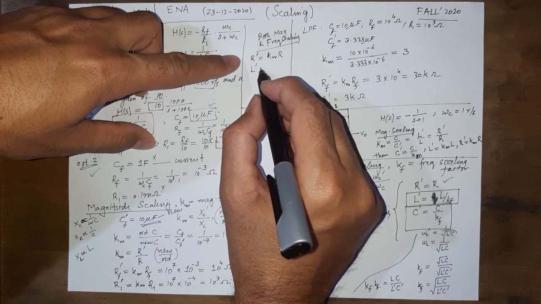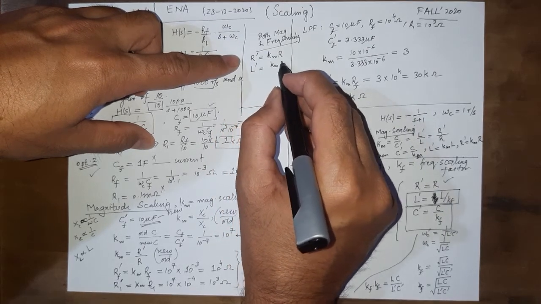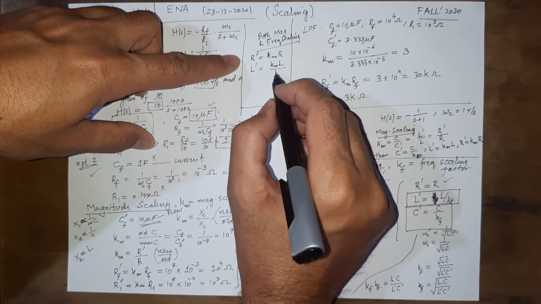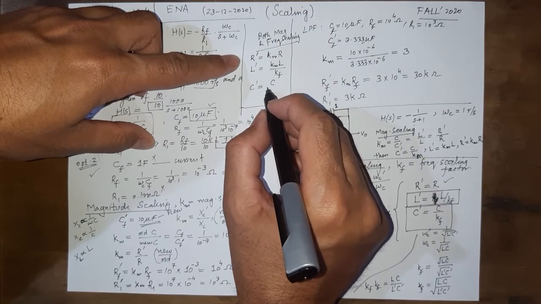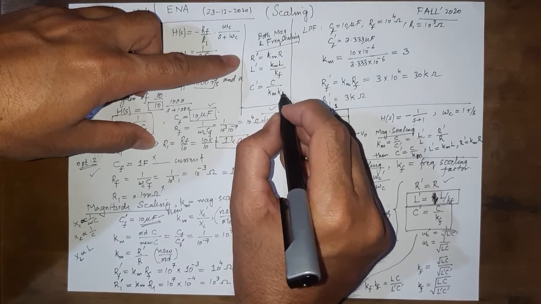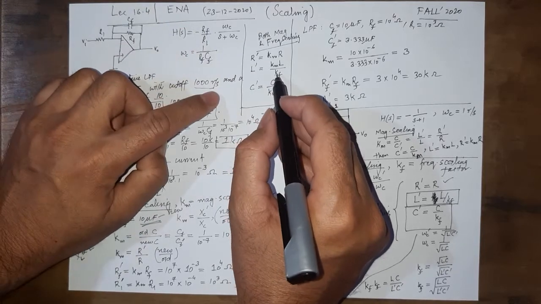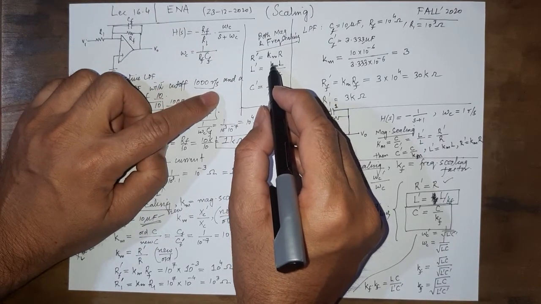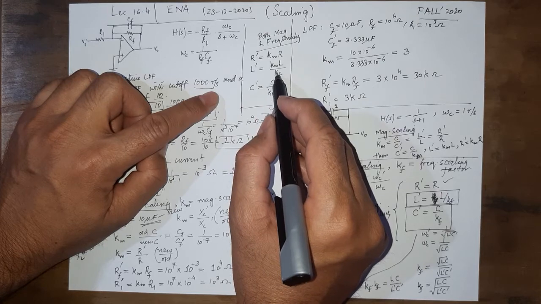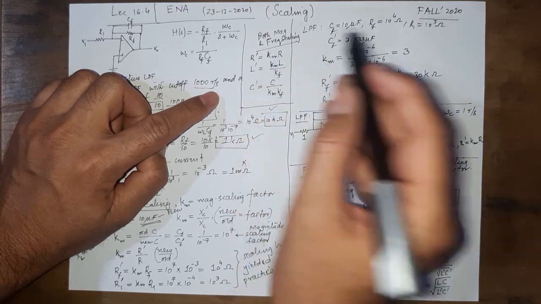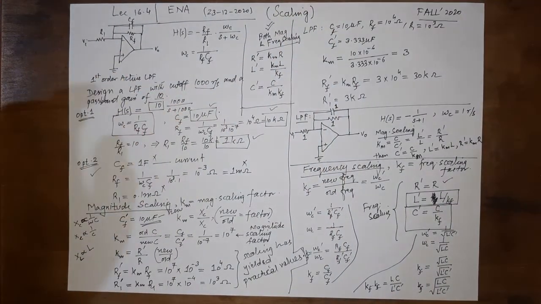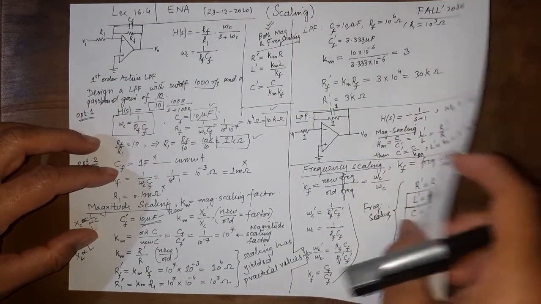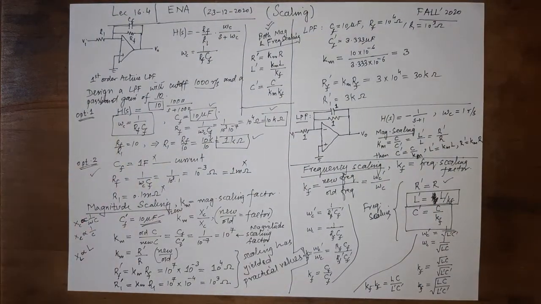The new L would be equal to the magnitude scaled inductor and the frequency scaled one as well, and C dash would be equal to C over Km into Kf. For C it is both in the denominator. For L, magnitude scaling factor multiplies but Kf divides, and for R, Kf is not affected. These are the formulas to be remembered for scaling, and I will give you an example and you would see that scaling makes things super easy.